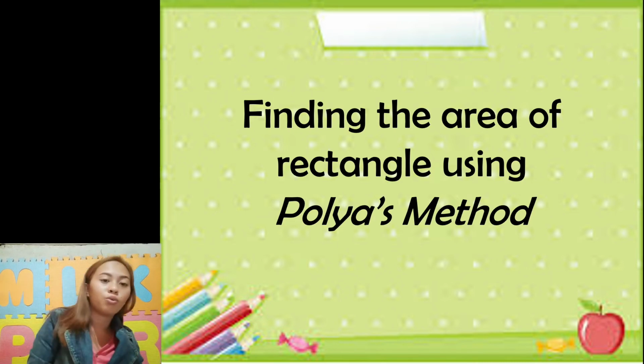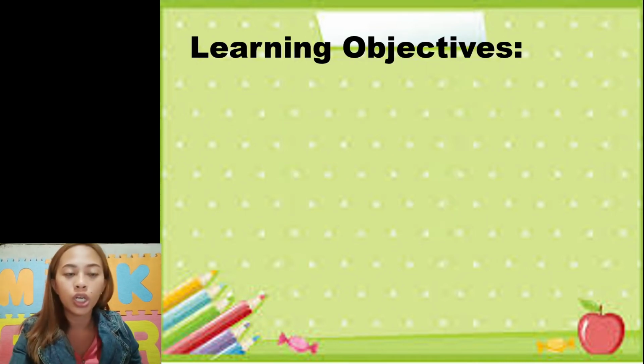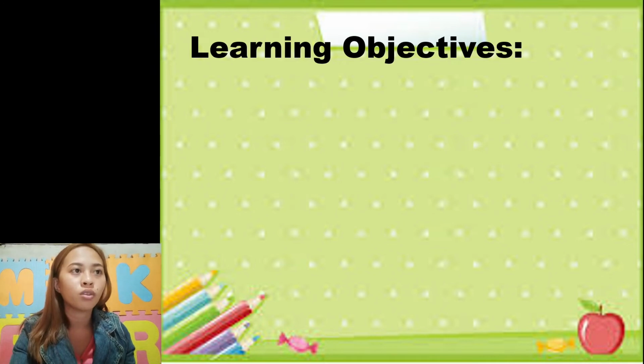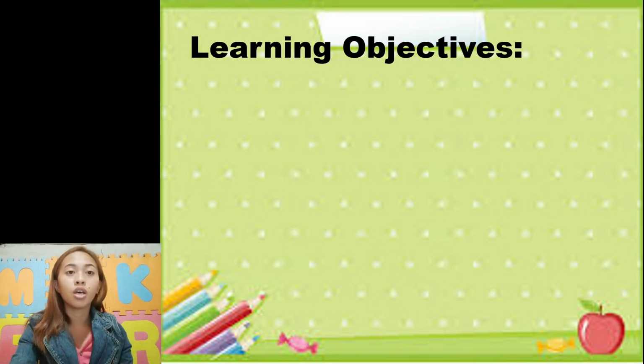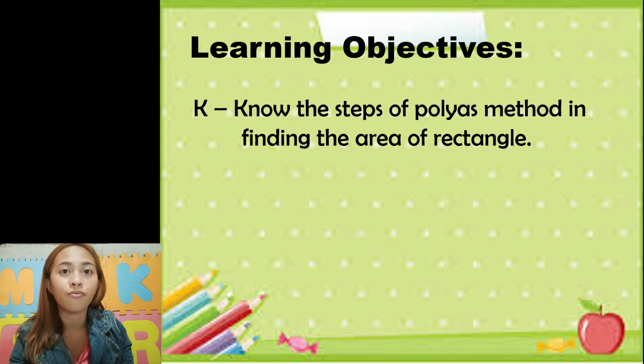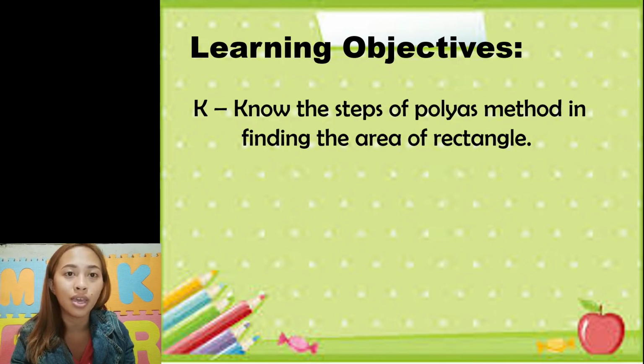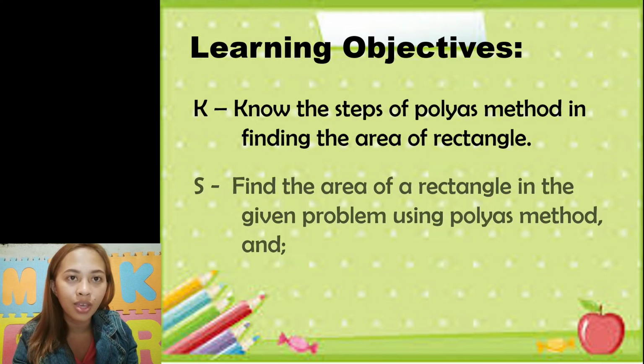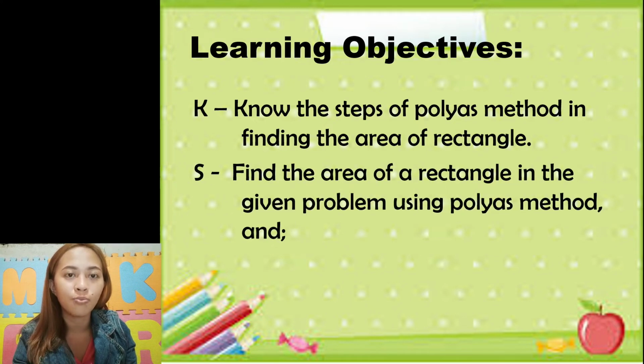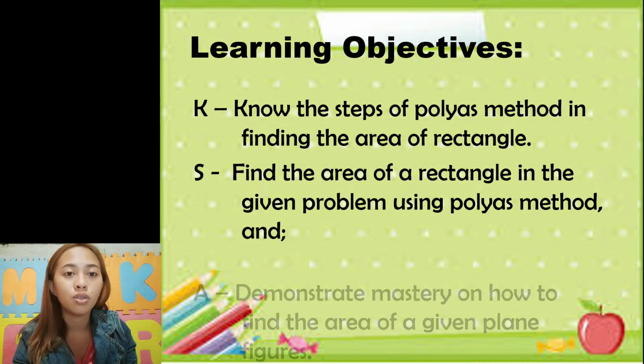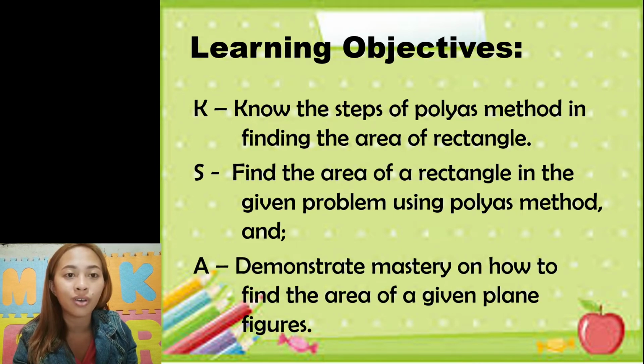So we will have our learning outcomes. First, know the steps of Polya's method in finding the area of a rectangle. Next, find the area of a rectangle in a given problem using Polya's method and demonstrate mastery on how to find the area of given plane figures.